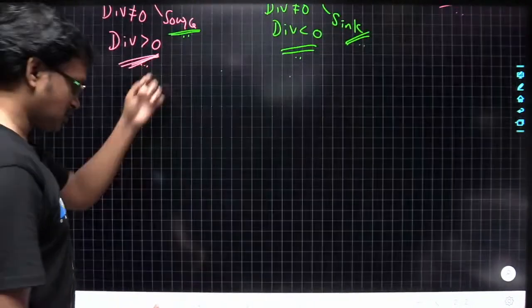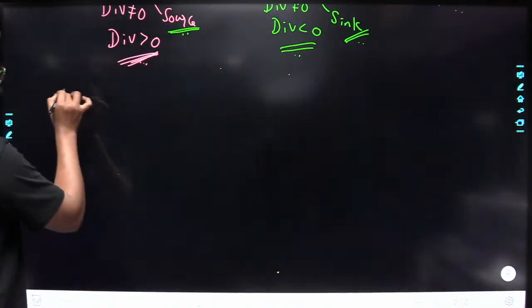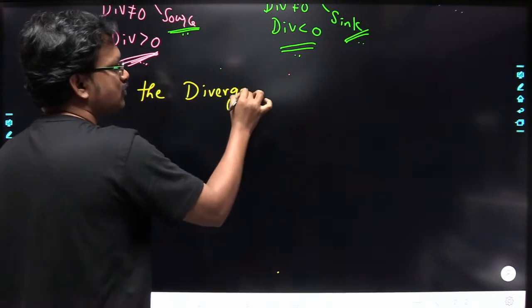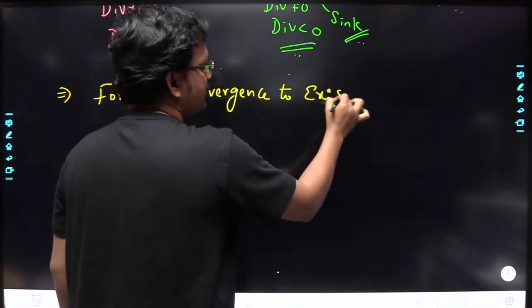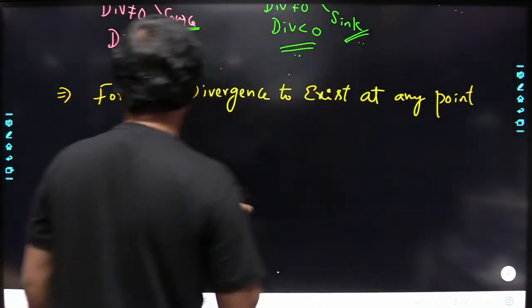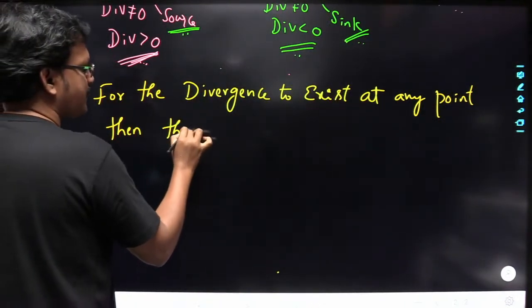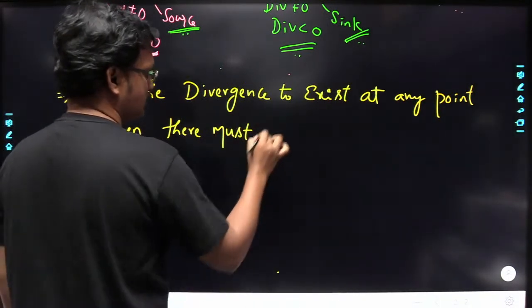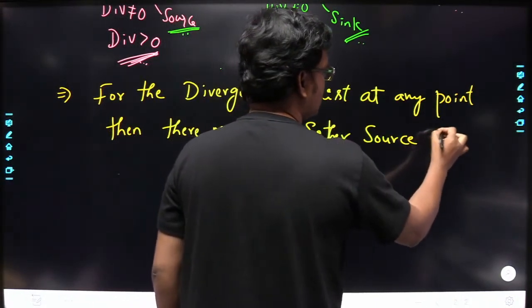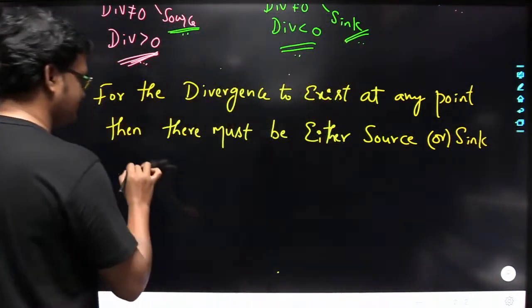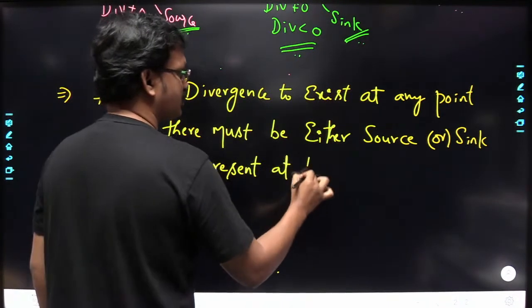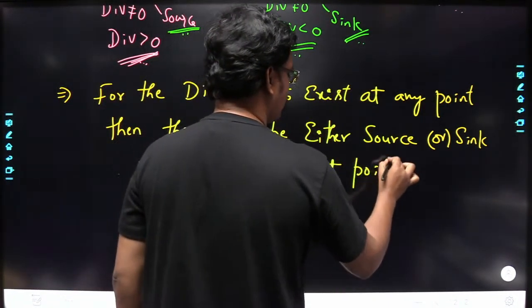So what is the conclusion here? For the divergence to exist at any point, there must be either source or sink present at that location or at that point.